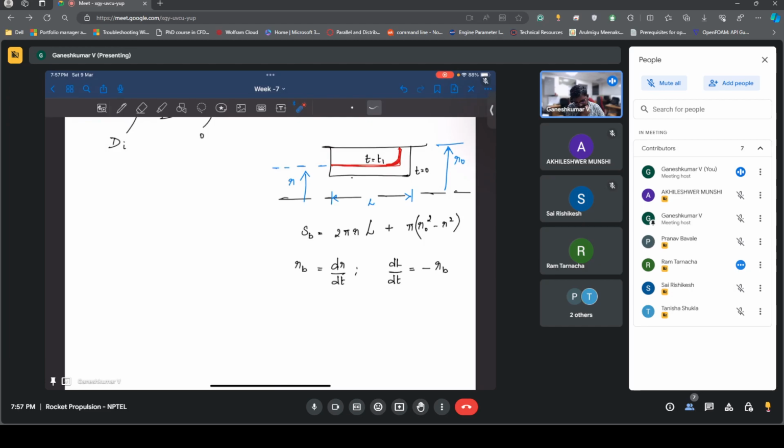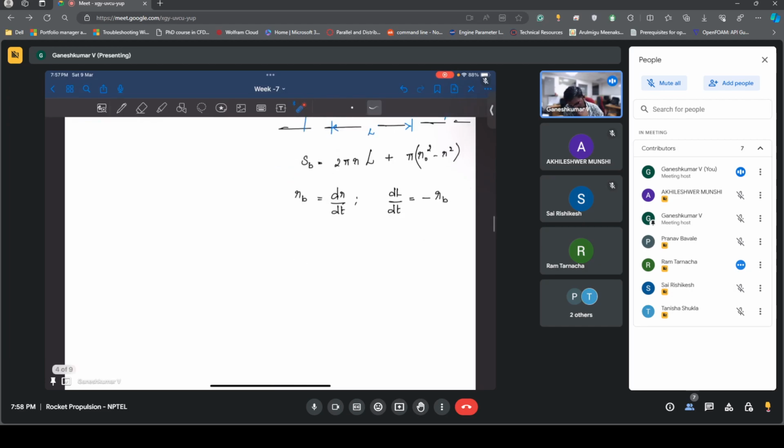So what is the other equation you will solve with this? The other equation would be rb equal to a into pn, and we know the pressure is equal to rho propellant SB C star A by AT whole power 1 by 1 minus n.